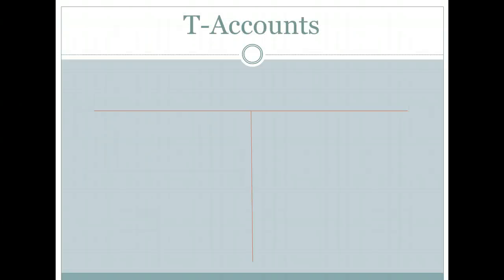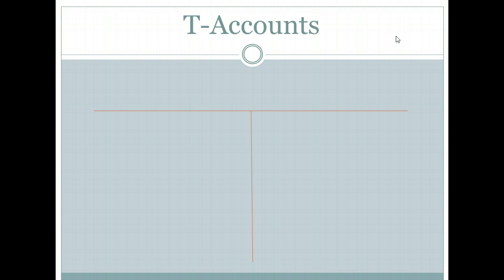So you can see here T on your screen, and on the top you see T accounts. That's not an accident. T accounts reinforce that idea that everything has to balance. What goes on the left has to equal what goes on the right of an equation.